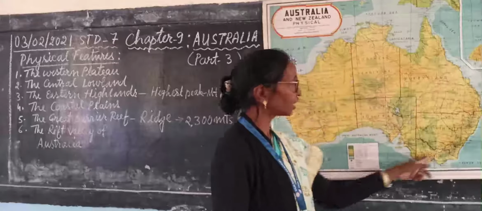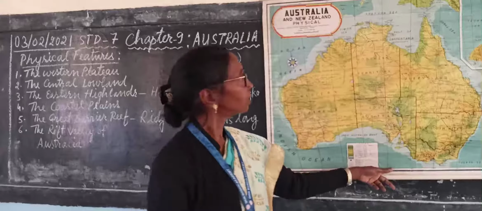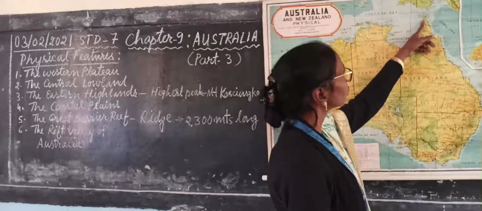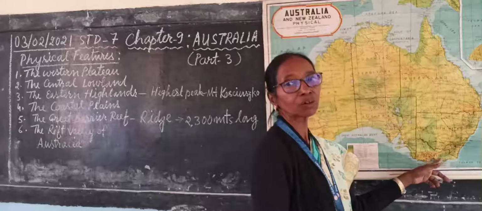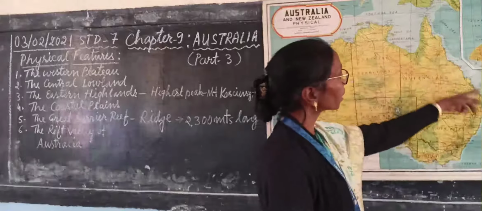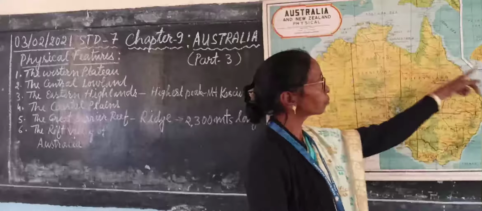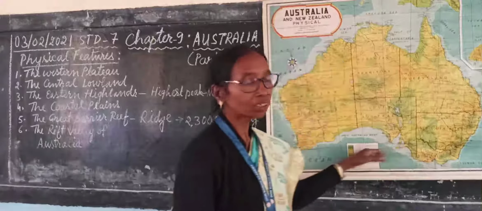The eastern highland is located in the eastern part of Australia. It runs from Cape York Peninsula to the Bass Strait in the south. It runs parallel to the coast, parallel to the Pacific Ocean, north to south.